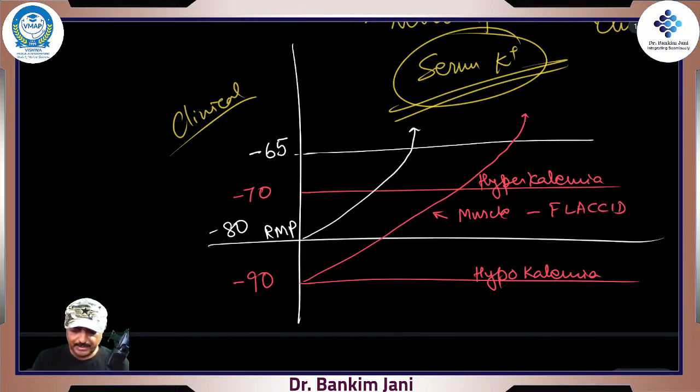Now we are here. This is our hyperkalemia. What would really happen to the action potential? What would really happen to this threshold? What would really happen to muscles? Because that's where the sodium channels are going to kick in.